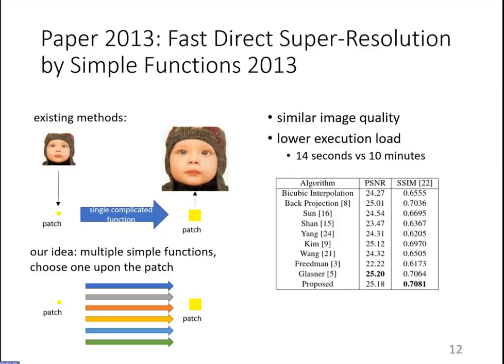Okay, then for human faces, this is domain-specific. But how about general images? For general images, there may be photos, scenes, or any pictures taken by a camera. So I developed another method which can be used for any kind of image.